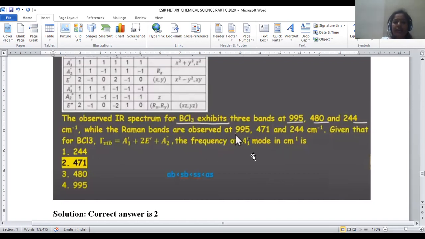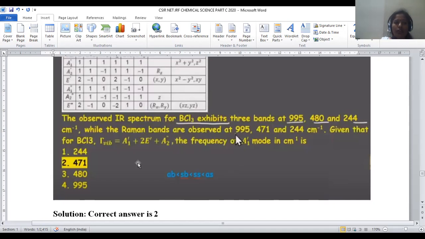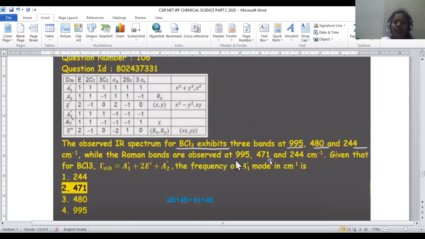From this data, whenever a molecule is placed in IR and Raman spectra, IR spectra are observed in the infrared light region. Raman bands are observed in the microwave region, right?